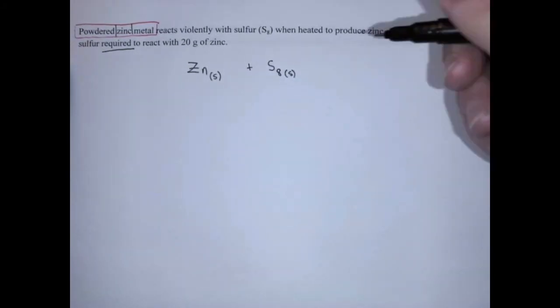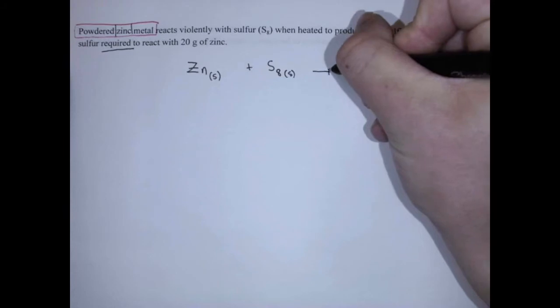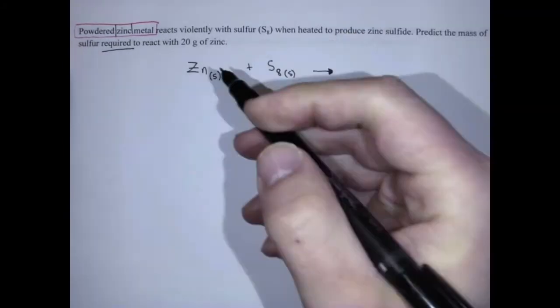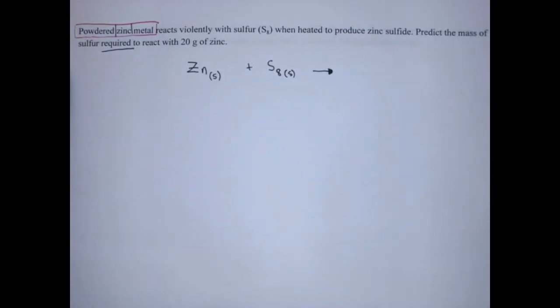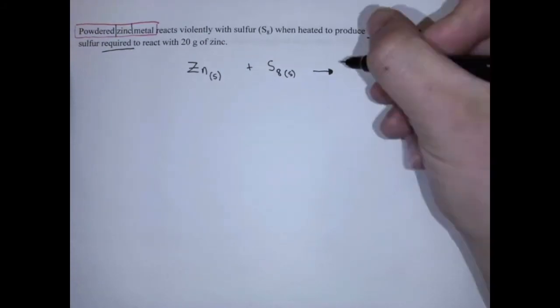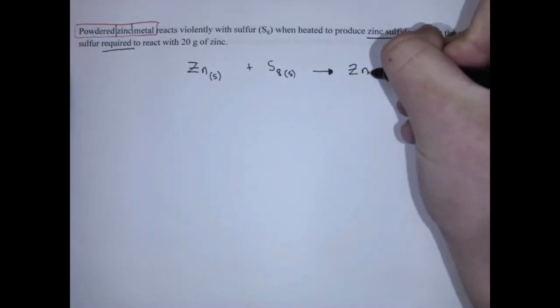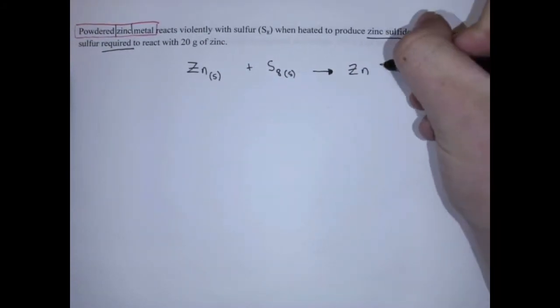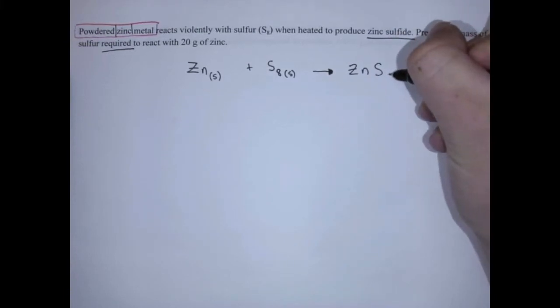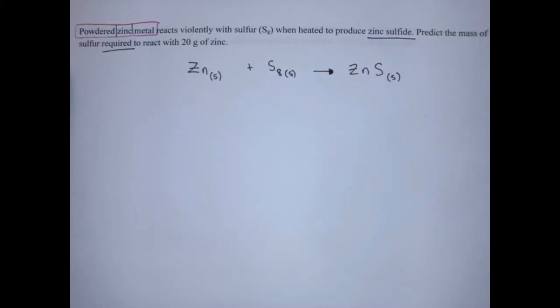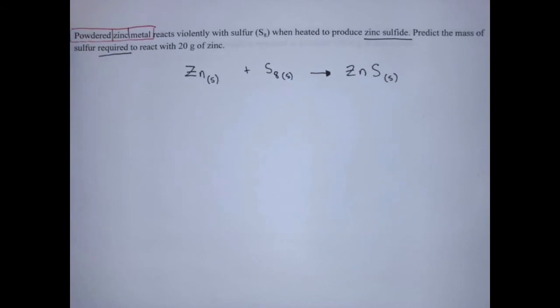So zinc plus sulfur, and they make, what do they make? Zinc sulfide. So I'm going to write out the formula for zinc sulfide. There we go. So we've written our equation.